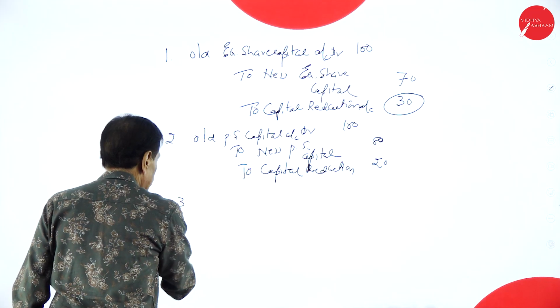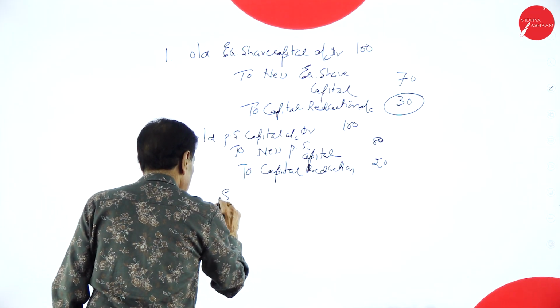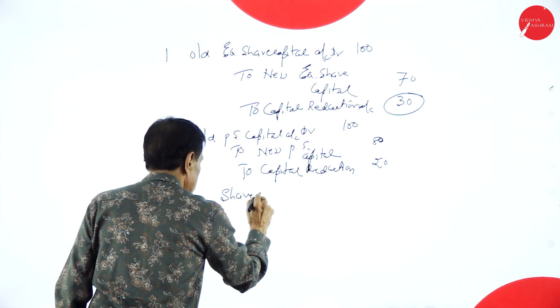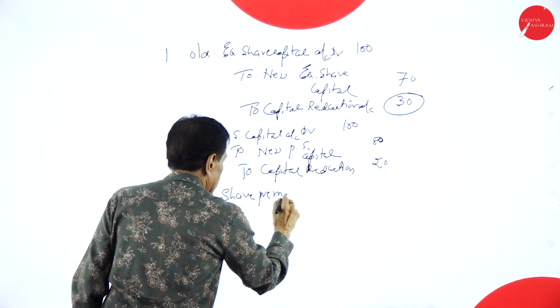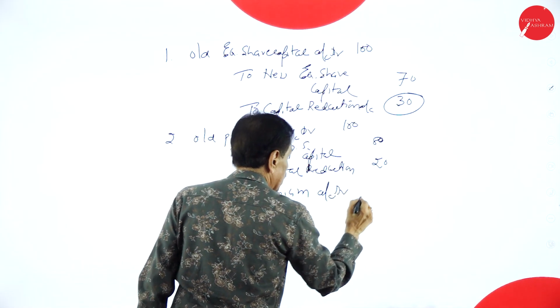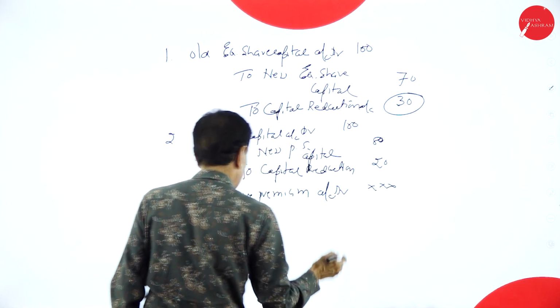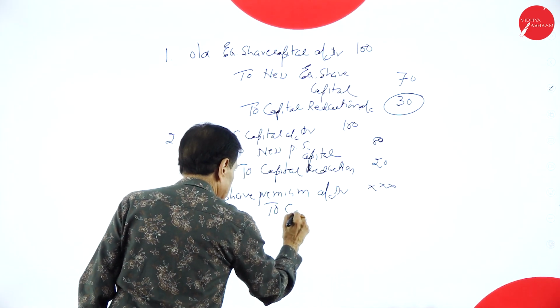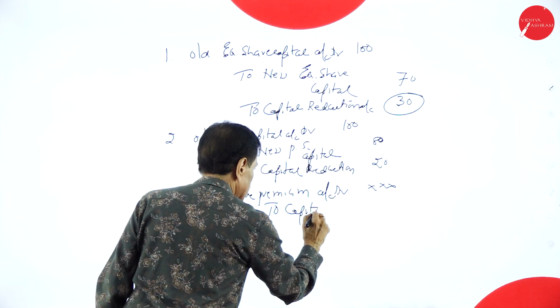Third entry: share premium account debit, to capital reduction, you can utilize.